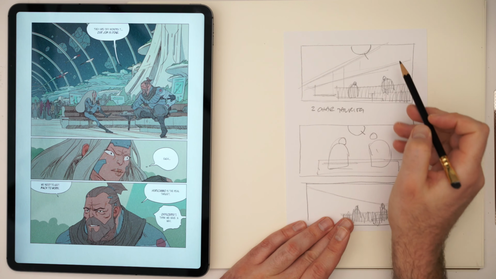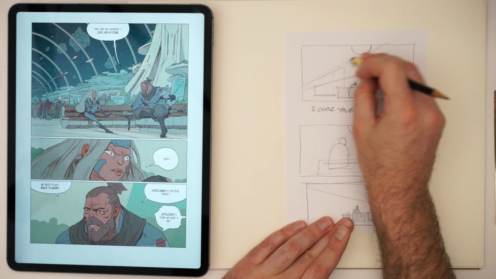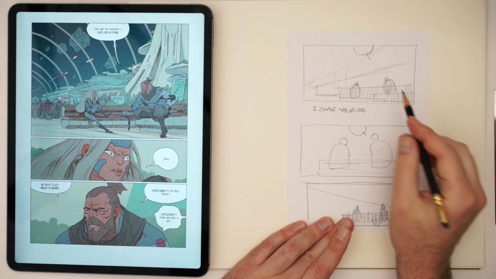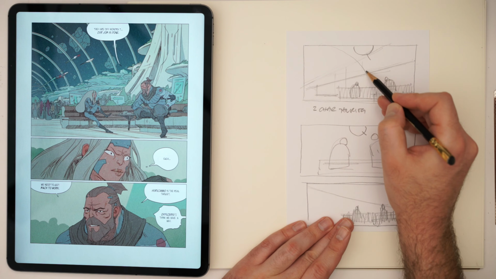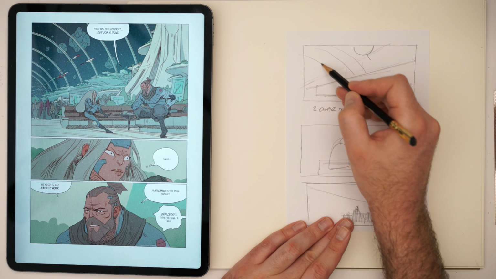But either way, I'm going to make the decision of where that goes mostly based on composition. Where do I want this line to be? How much of this canopy do I want to see up above?